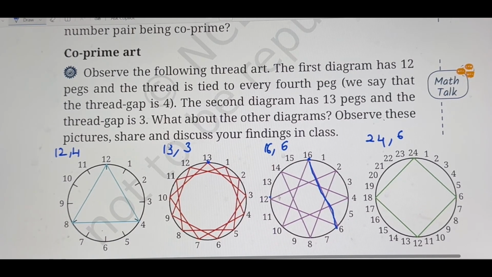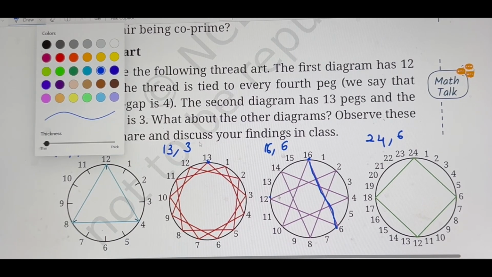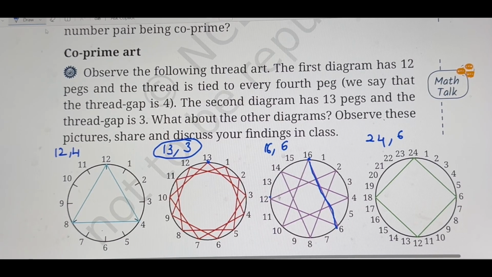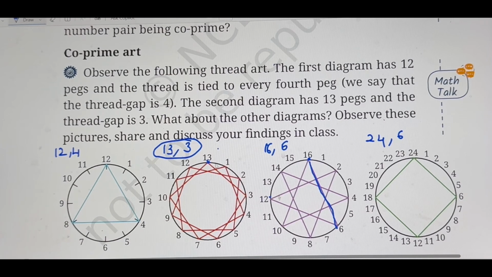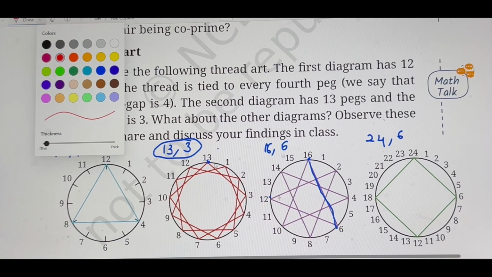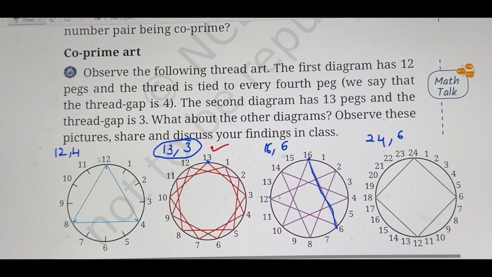So out of all these 4, only 13 and 3 is where all the numbers are tied with the thread. There is no number left which is not tied by the thread. In all others there is some gap left. So only 13 and 3 are co-prime numbers.